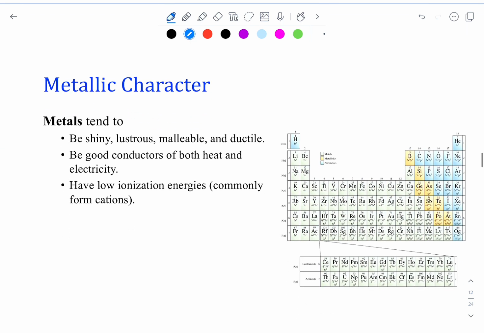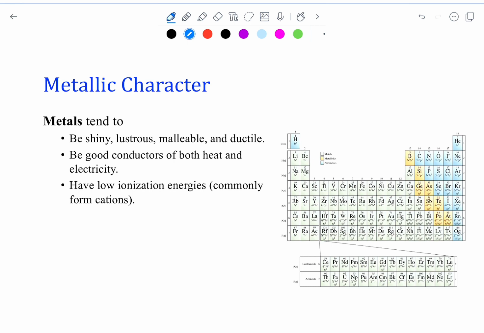Okay, so next up is the trend of metallic character. So metals tend to be shiny, lustrous, malleable, and ductile. If you think of aluminum foil, that's aluminum, that's a metal. It's very easy to use aluminum foil, crunch it up, put it over your food before you put it in the fridge or whatever. So it's very shiny, it's very malleable.